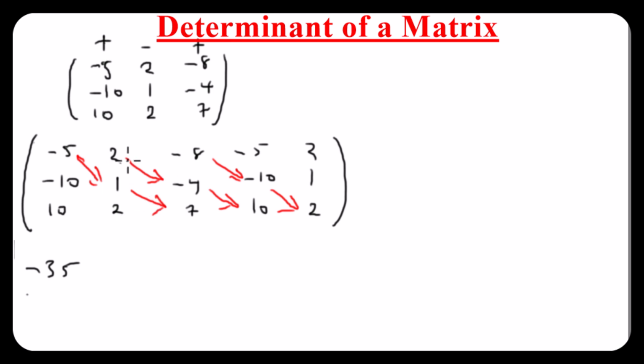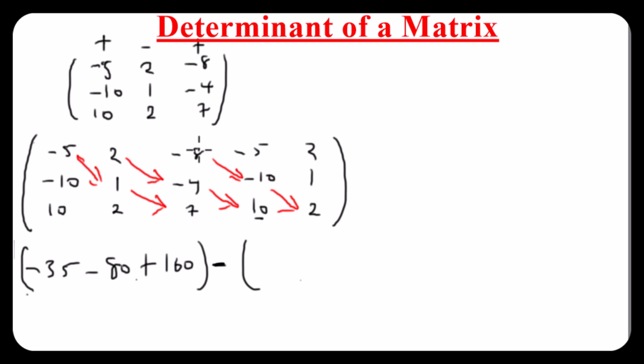Okay, so 2 times -4, that's -8 times 10. So that's -80. Okay, -8 times -10, that's 80 times 2, that's 160, plus 160. Okay, so everything in brackets, and then minus, so again multiply the backward diagonal.